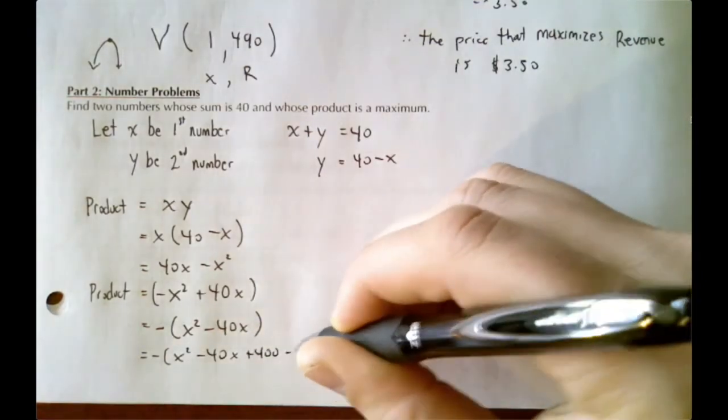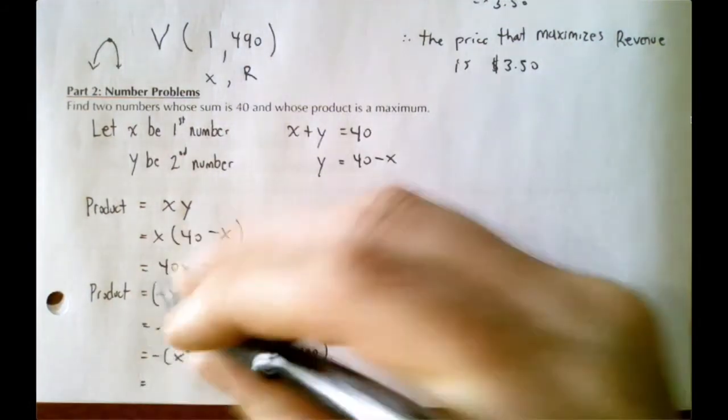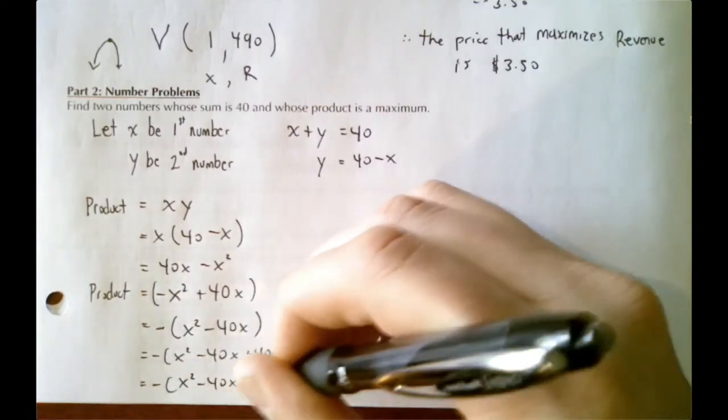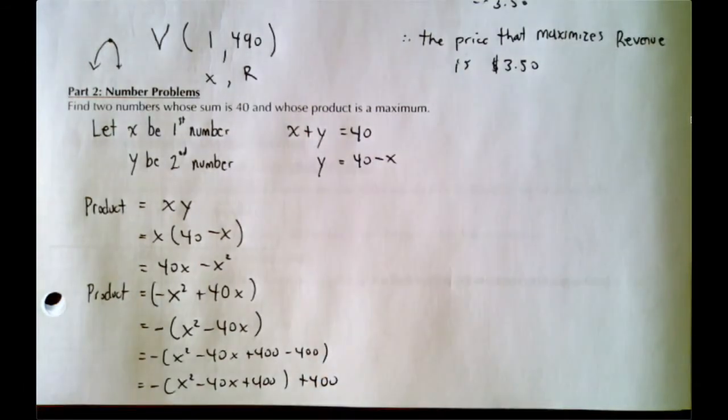We're going to add and subtract it. Now we take the last number, the negative 1, out of the bracket by multiplying by a negative, and that gives us plus 400 on the outside.